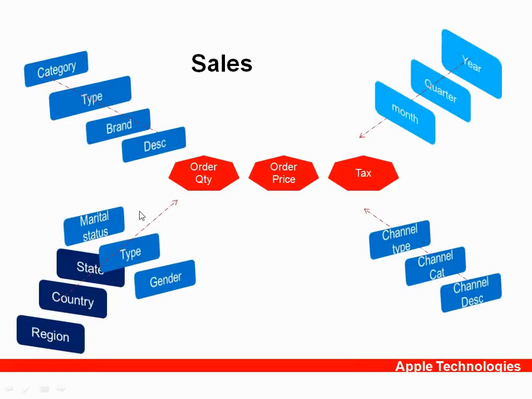Or I may want to know whether my shop is good for married or unmarried people. What type of customers are buying more in our shop: married or unmarried people, children or old-age parents? What kind of people are attracted to my shop, so that wherever I am low, I can run a different promotional activity there.